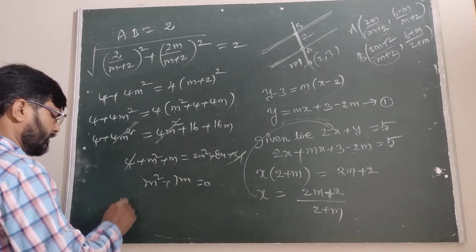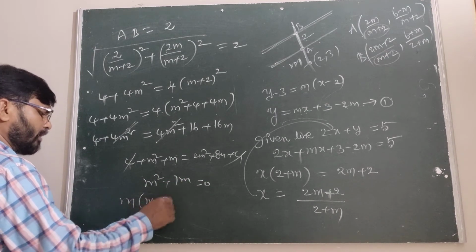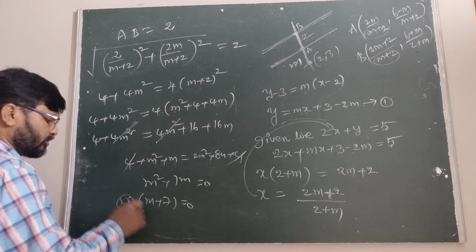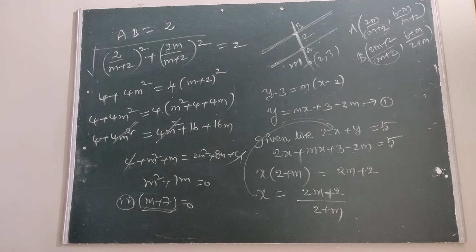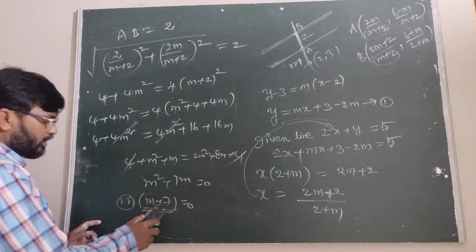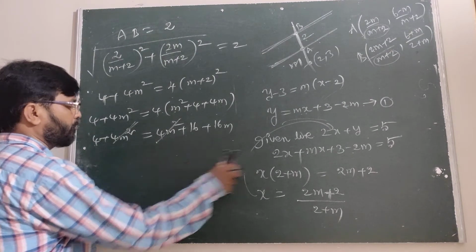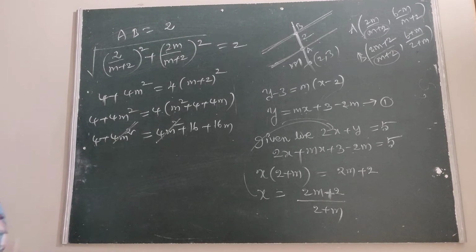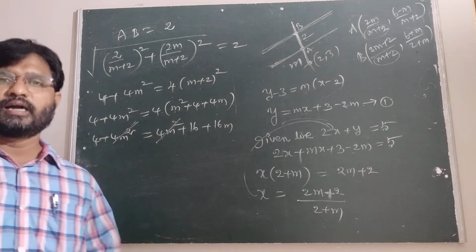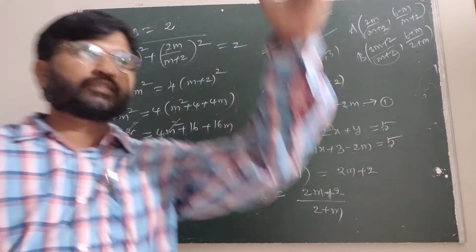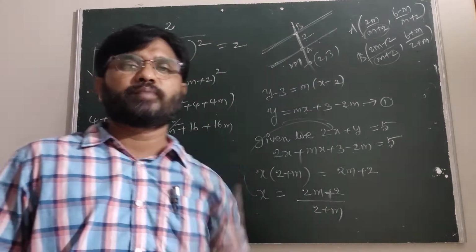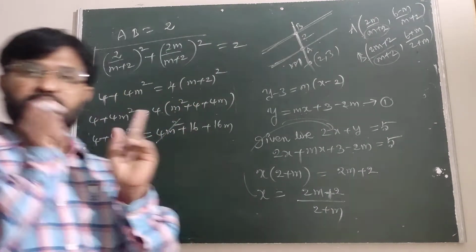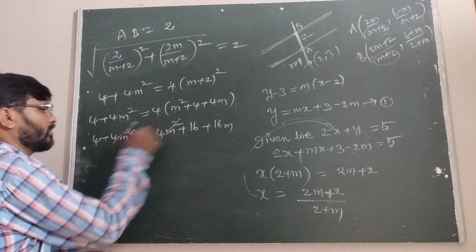Here m into (m plus 7), m is 0 or m is minus 7. The slope of the x-axis is 0. Therefore the other slope is minus 7. When the m square term is cancelled, undoubtedly the slope is that of a line parallel to the y-axis, the slope of the y-axis being undefined. In that case only the m square is cancelled.